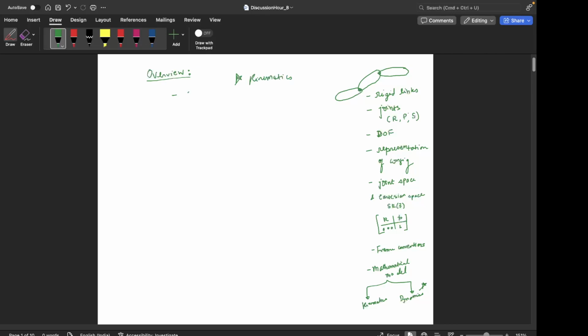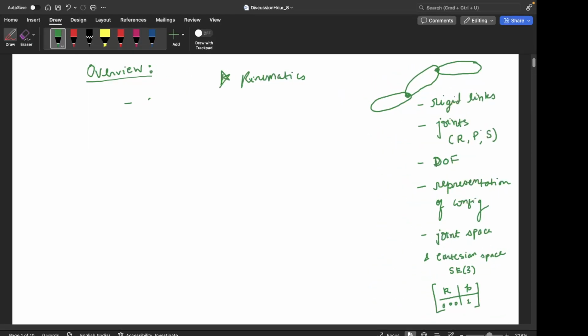So we had two verticals in the mathematical model, the kinematics and the dynamics.